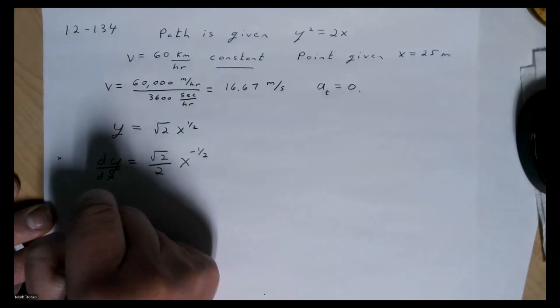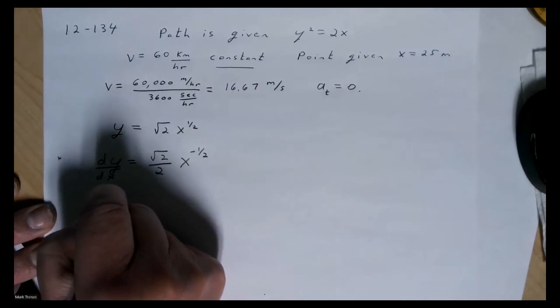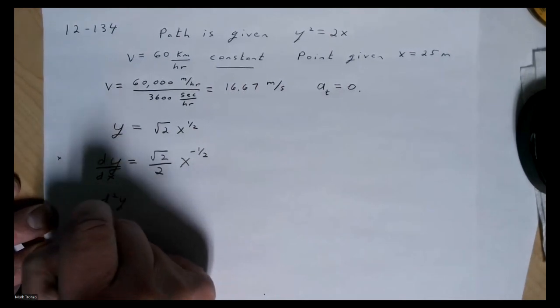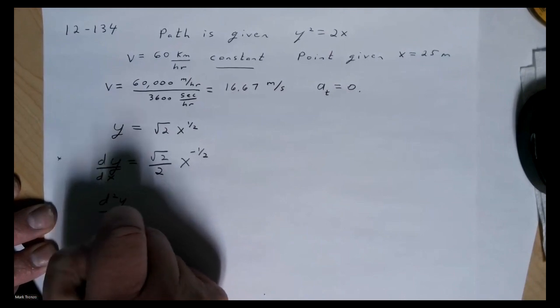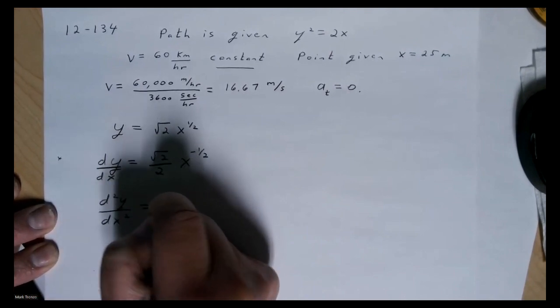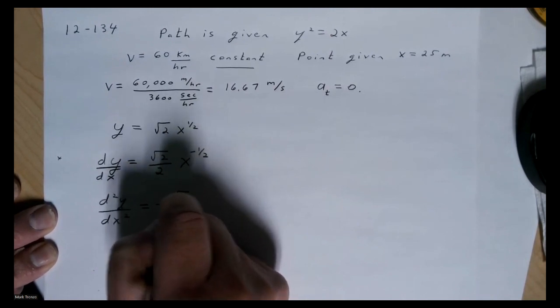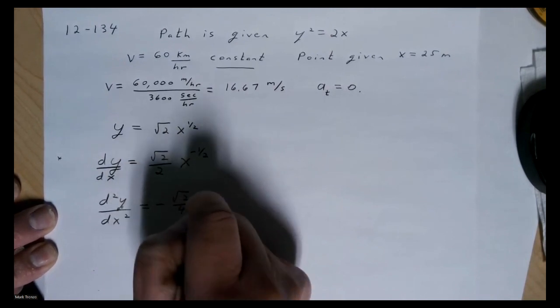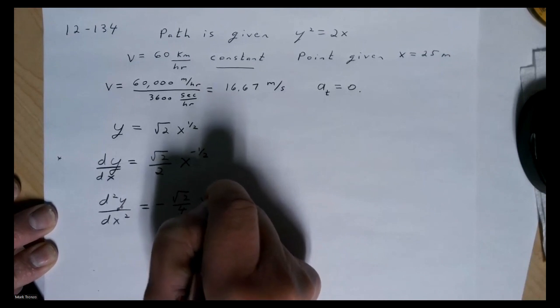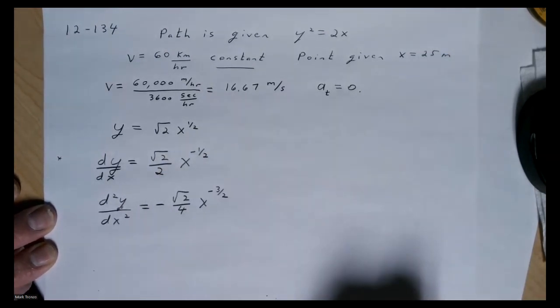Take another derivative. And that'll be negative square root of 2 over 4 x to the minus 3/2.